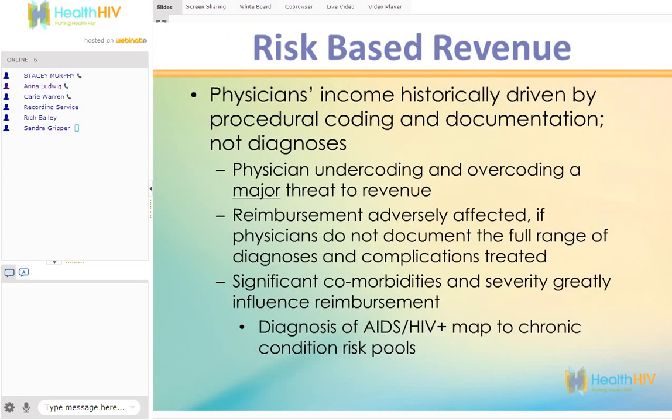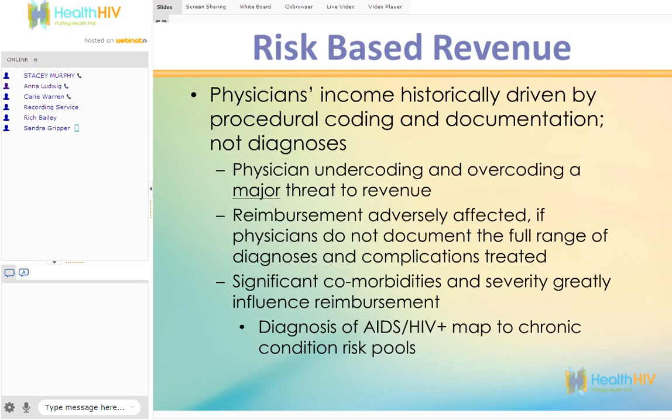Now, because historically reimbursement was driven based upon the CPT code that you selected, your 99212, your level 2 code, established patient visit, versus your level 3 established patient visit, historically it was based upon those codes. But now everything is shifted to diagnoses.